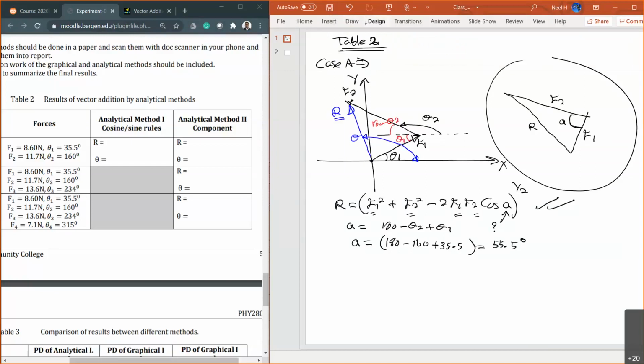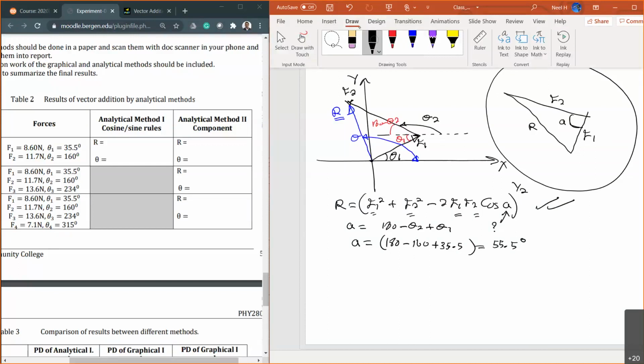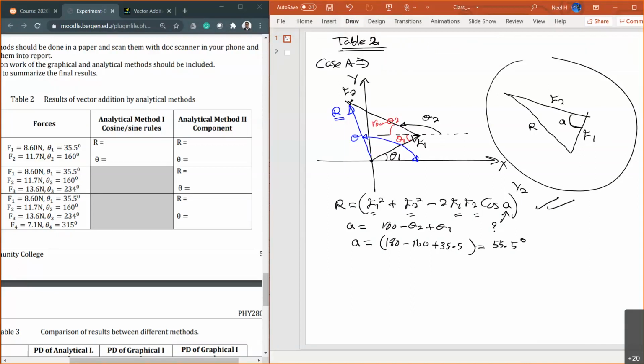However, if you have a triangle, there's another law we can use, called the sine rule. Say this angle is A, this angle is B, and this angle is C. The sine rule tells you the ratio between the sides and the angles inside.